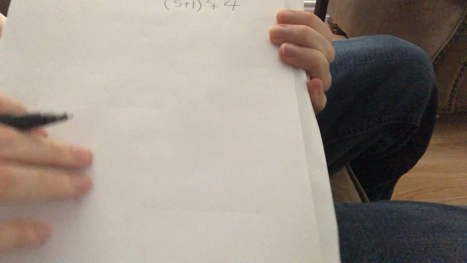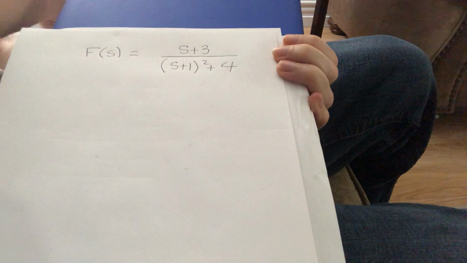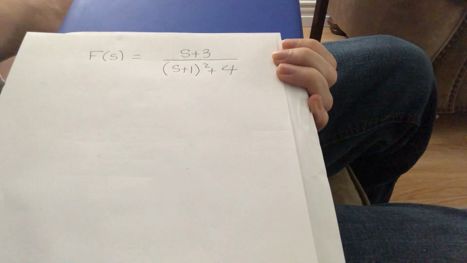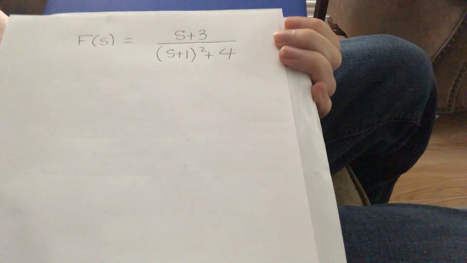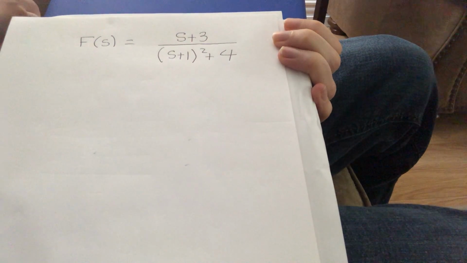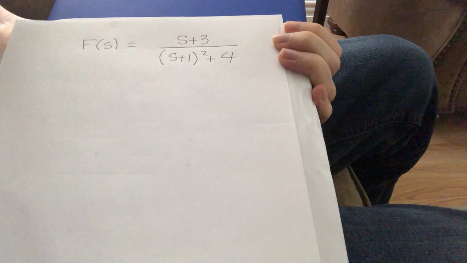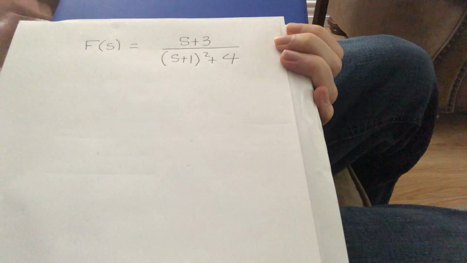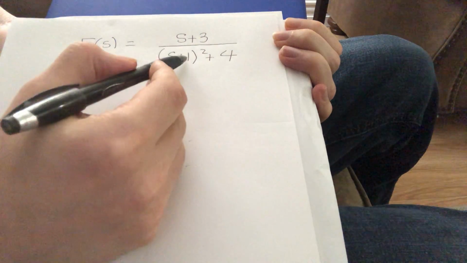Now, if you look at the rule, so this is the question. If you look at the rules, you'll see that there is no rule for this. But if you look at the sine and cosine, they're kind of similar to this, but only when it's s squared.